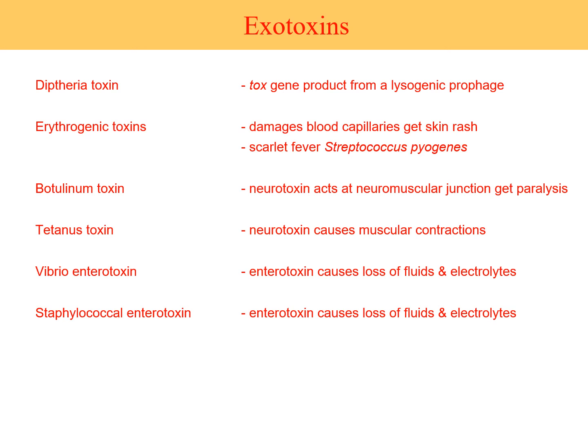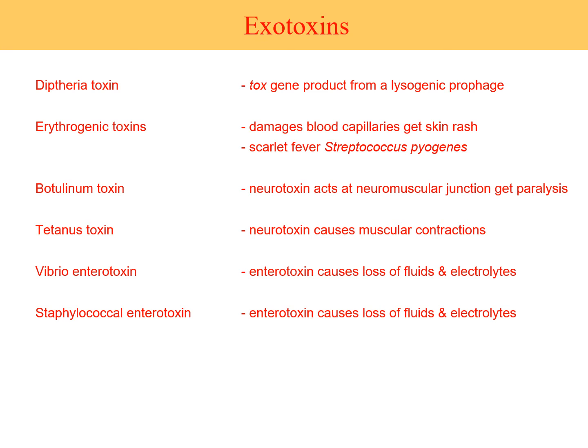There are many exotoxins, as I told you, that are produced as a result of phage transduction, lysogenic insertion of the prophage gene into the bacterial genome, giving it the ability to produce the toxin.